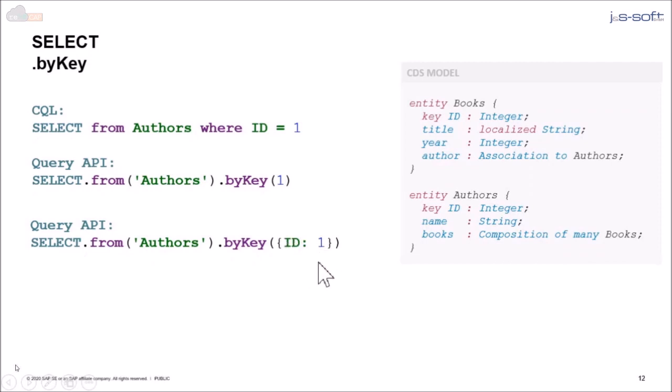The advantage of the object is that in case of a composite key, or if you have multiple keys, you can use this notation to provide all keys. And the advantage of the other one is, of course, the simplicity. Just write your value here and that's it. In both of these cases, the meaning of this by key expression is the where condition, which you can see above in the SQL statement. It's still the same SQL statement where I select from authors with a simple where condition.